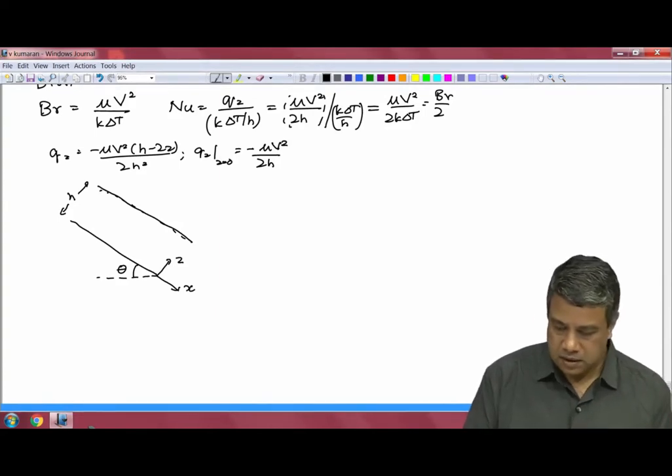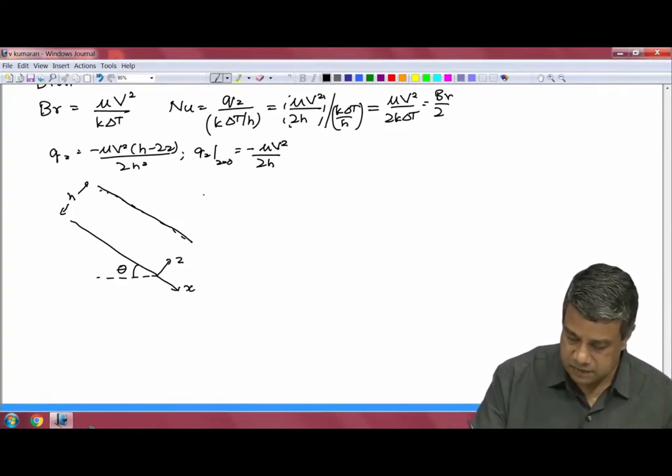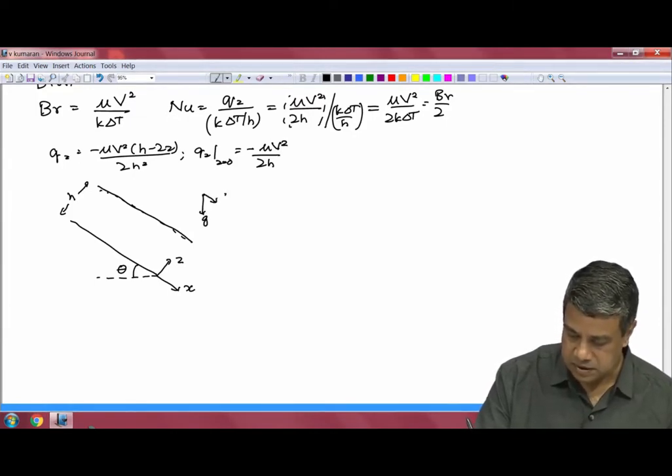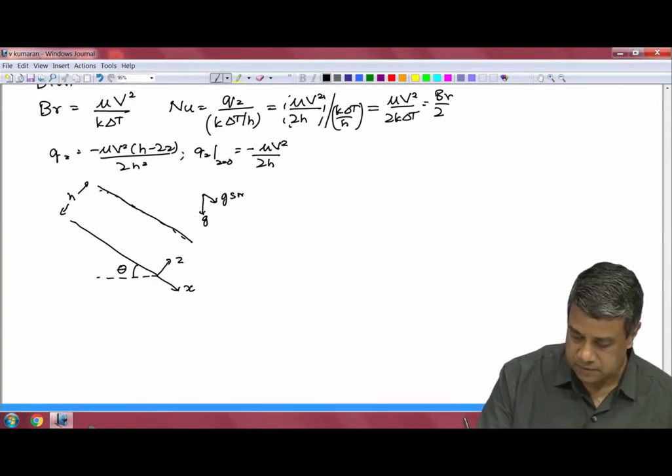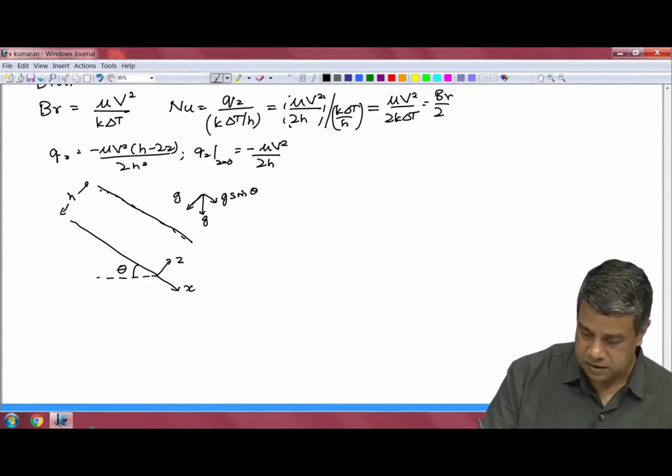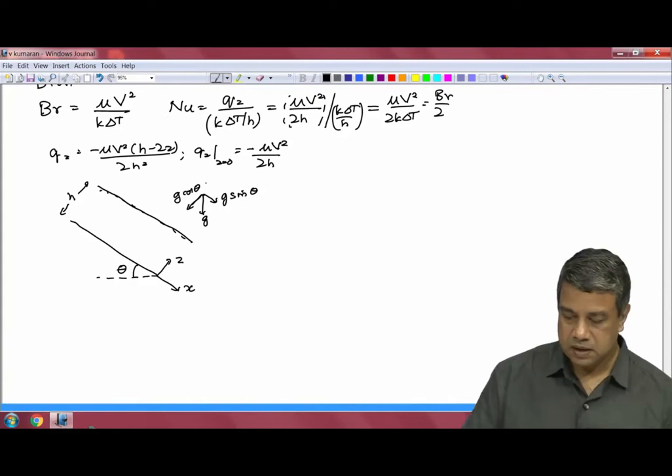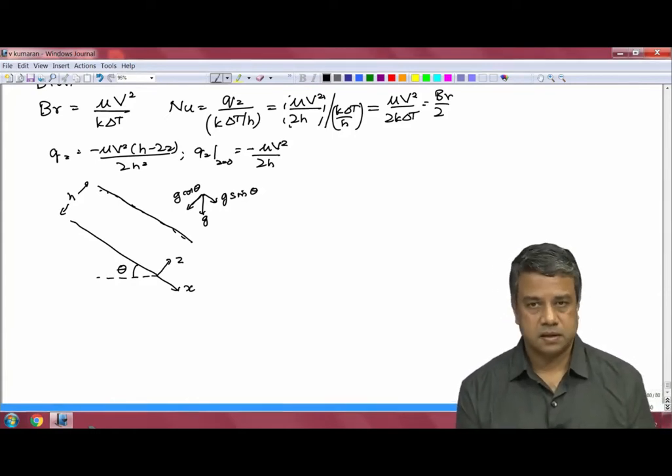It is flowing because of gravitational acceleration acting in this direction. It has two components: one in the x direction, g sin theta, and the other perpendicular to the flow, g cos theta. These are the components of the acceleration.